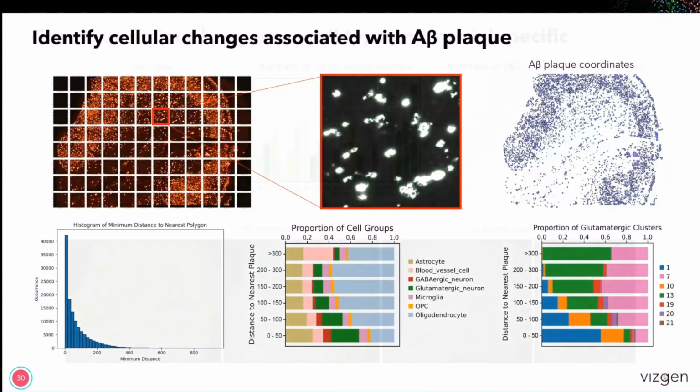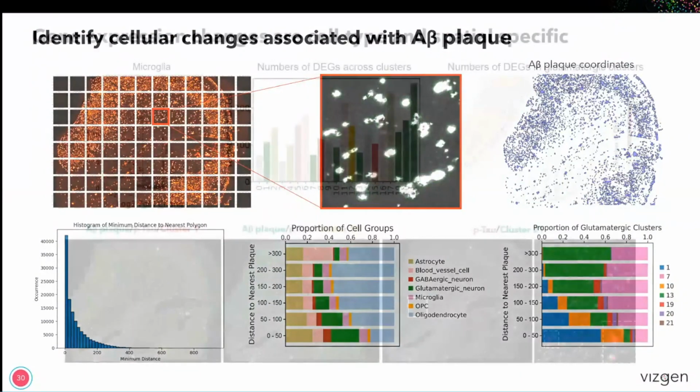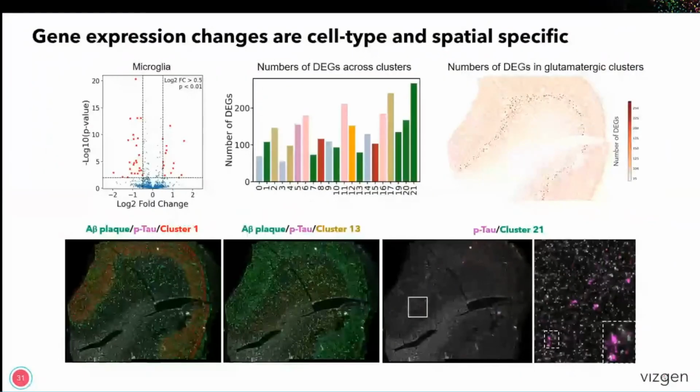Based on the spatial distribution of cell clusters, we can further analyze the gene expression change associated with spatial distribution. For example, here I show the differentially expressed genes within the microglia cells which are close to or far away from the amyloid beta plaque.